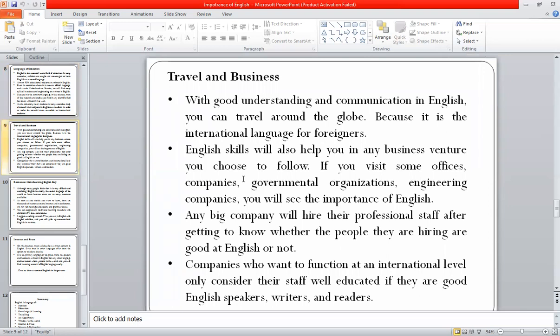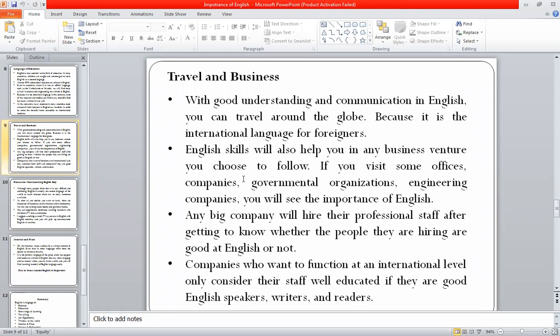Then next we have discussed is travel and business. So for traveling purpose or for business purpose, this language is also used, okay. So if we have a good understanding of this language and we are able to communicate by using this language, then you will get any type of job in this traveling and business field.